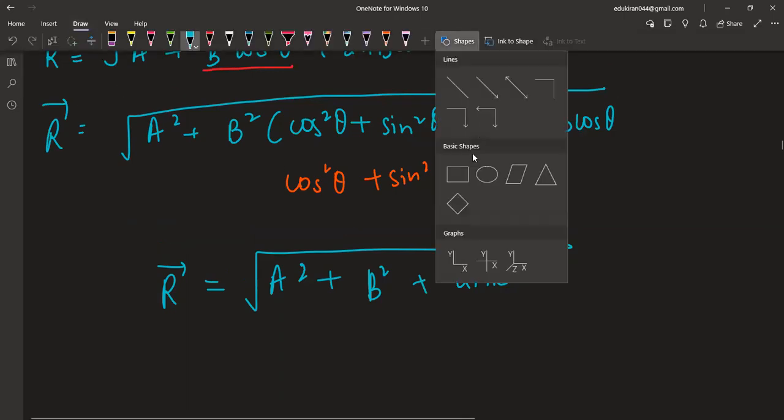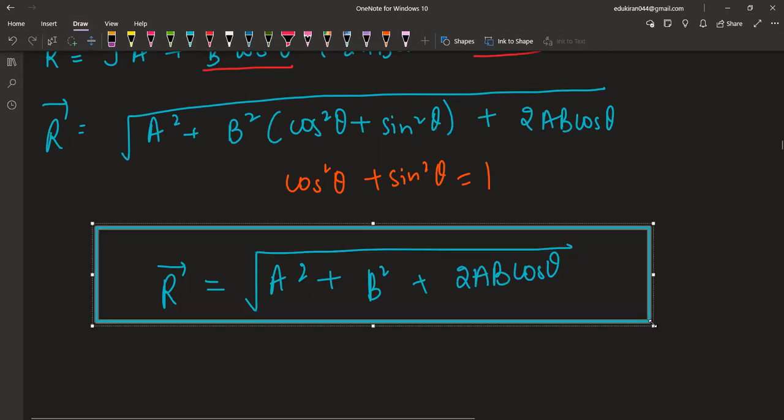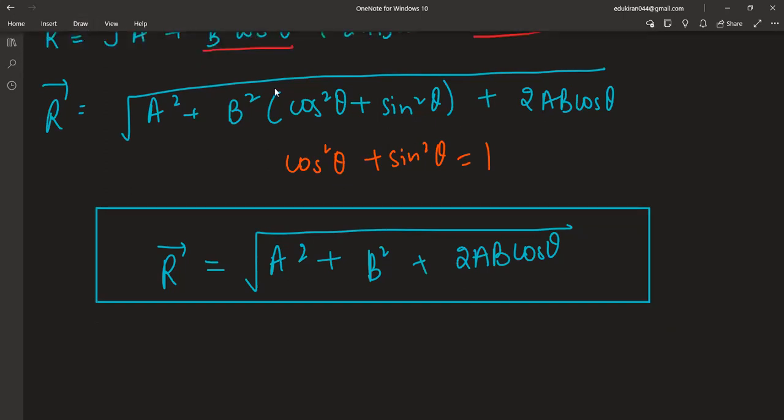This is our value of the resultant. This is how you will calculate the magnitude. Clear class? Is it clear to all of you? Then I'll tell you one more thing. Yes, ma'am. Clear? Okay, good.